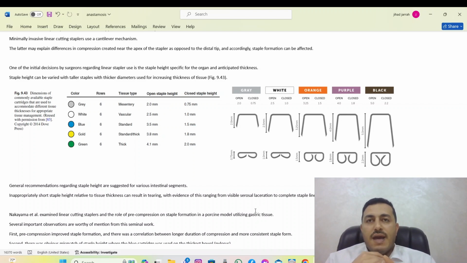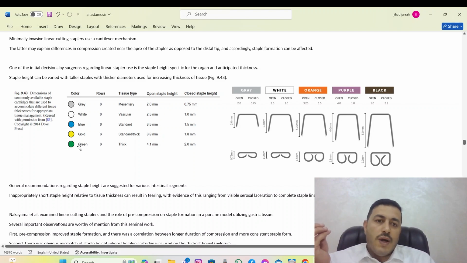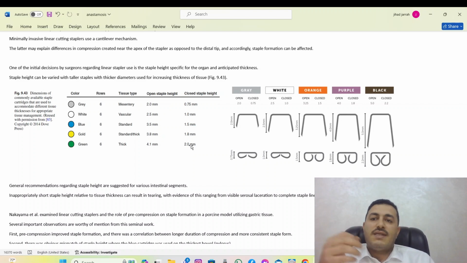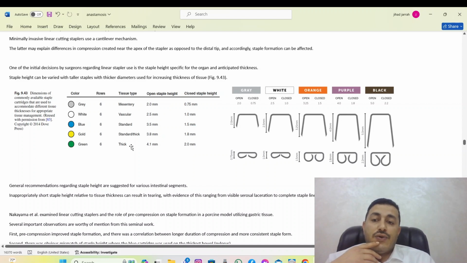This may be altered by edema, this may be altered by pathology, but generally speaking, we use the green one. You can see that for the green one, the closed staple height after we close it is 2 millimeter, which is relatively large. So we use it for the pylorus, for example, for lower GI, colonic, rectum, we use green stapler line.